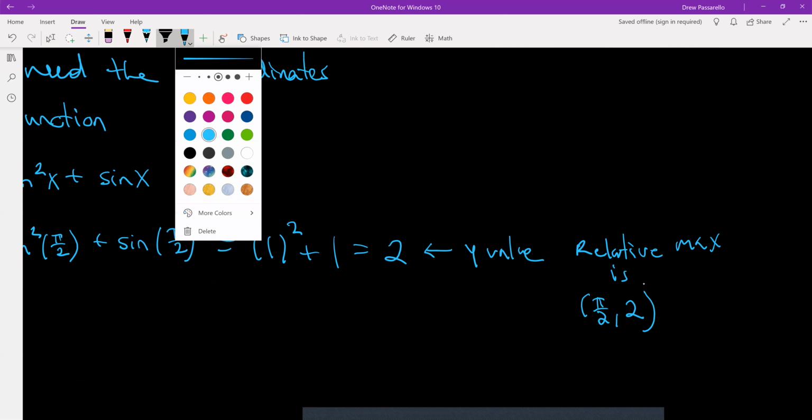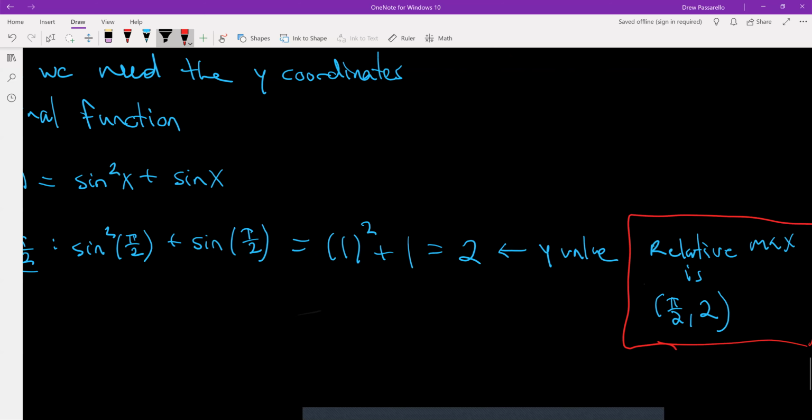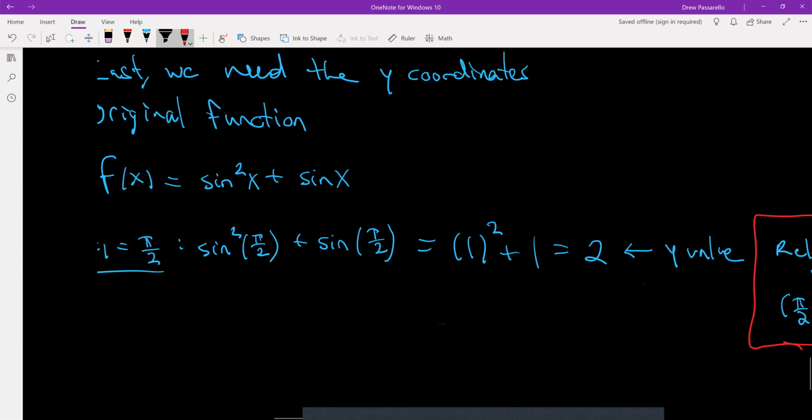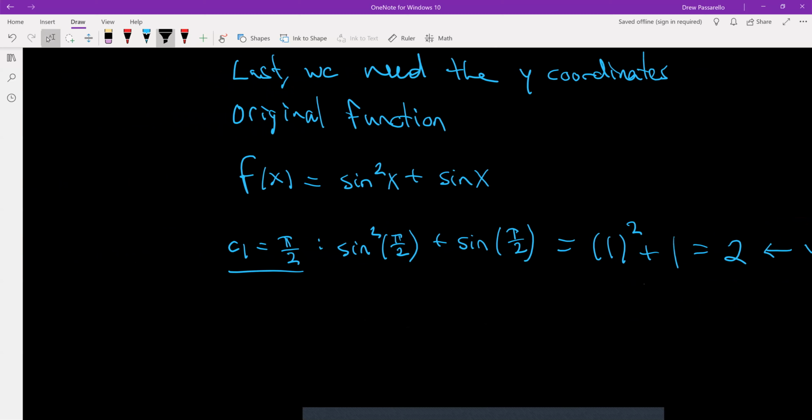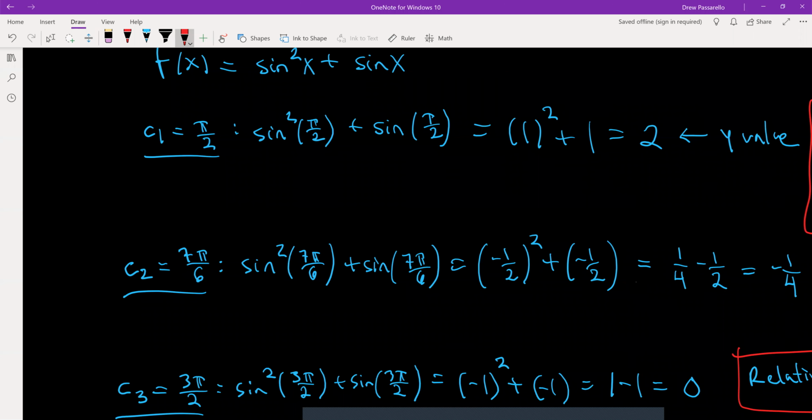Okay, so we want the whole point itself. So we plugged in pi over 2, our output is 2. All right, I'm going to pause and write the other ones and show what I get for the other ones. Okay, so I showed how I got the first value.